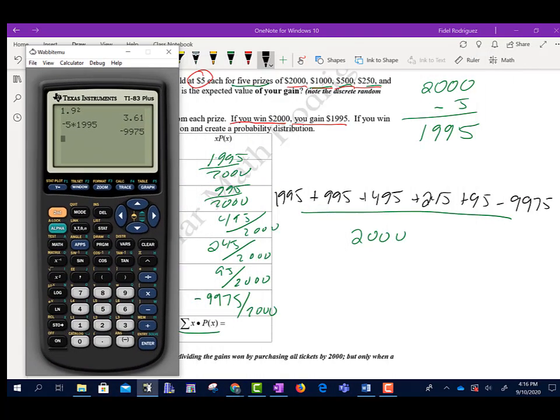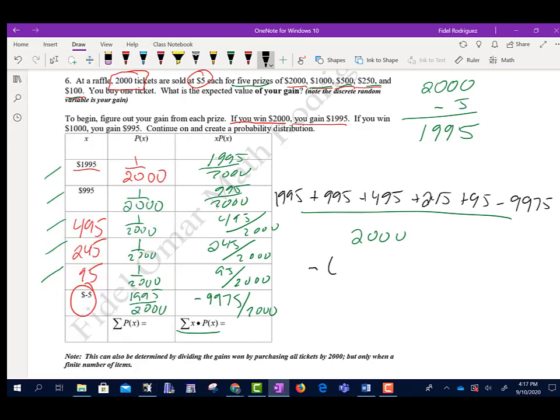Okay. So 1995 plus 995 plus 495 plus 245 plus 95 minus 9975 equals negative 6150 over 2,000.